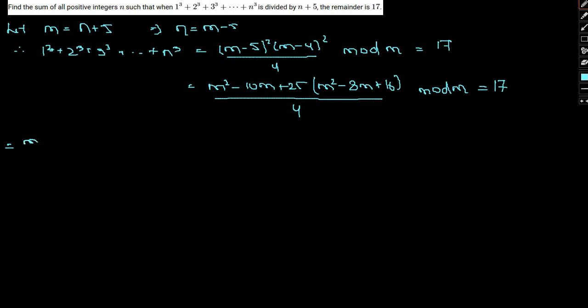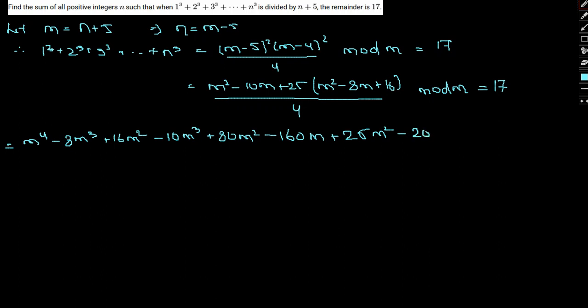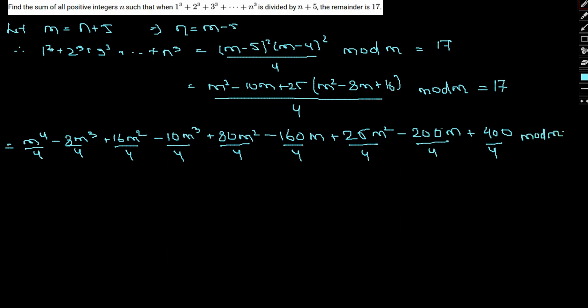This can be written as m to the power 4 minus 8m cube plus 16m square minus 10m cube plus 80m square minus 160m plus 25m square minus 200m plus 25 into 16 is 400, and I am taking the 4 common. So mod m equal to 17.